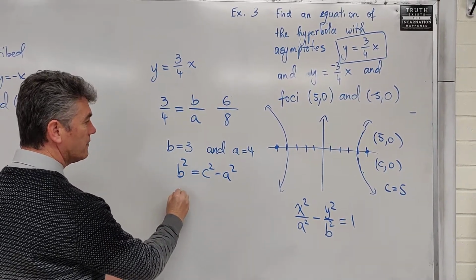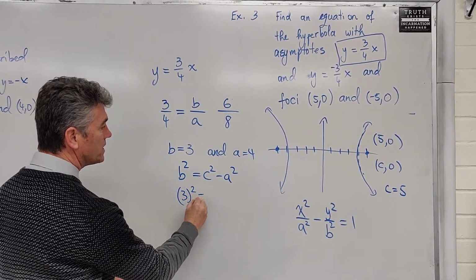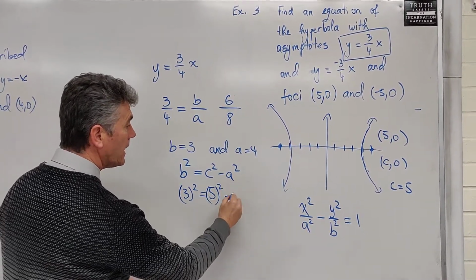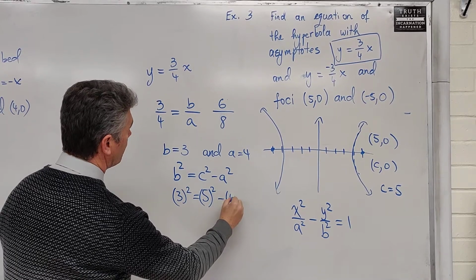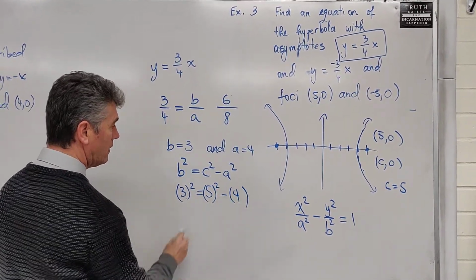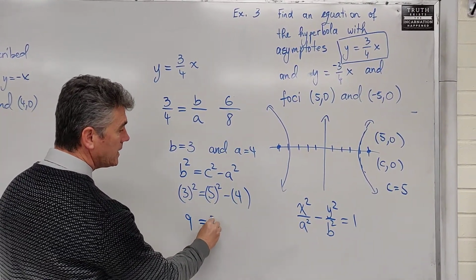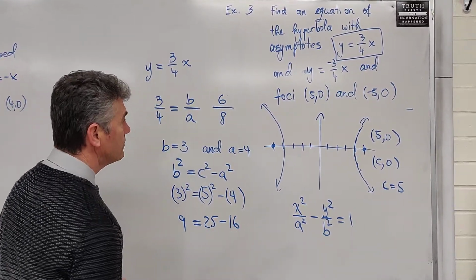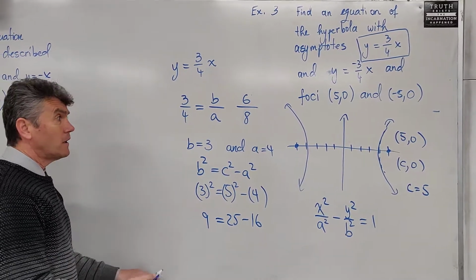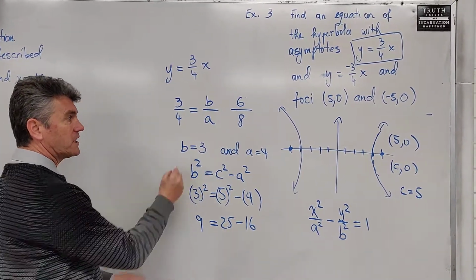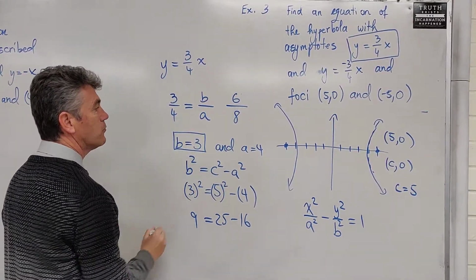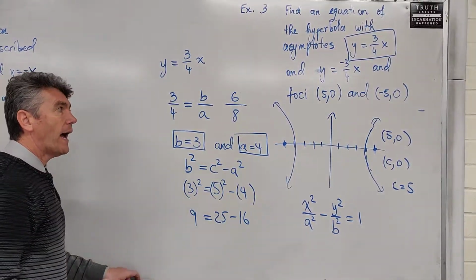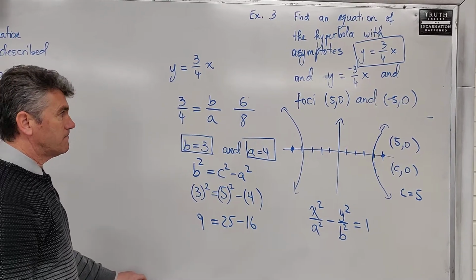We know our b, it is 3. We know our c, it is 5. We know our a, it is 4. We notice that 9 indeed equals 25 minus 16. So in this case, we got lucky. Our first guess that b is equal to 3 and a is equal to 4 were actually correct.